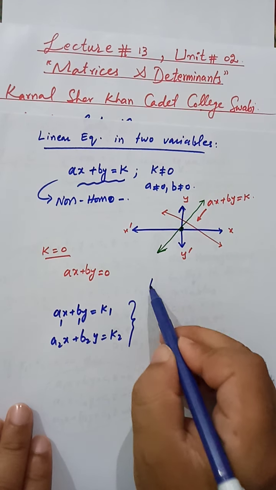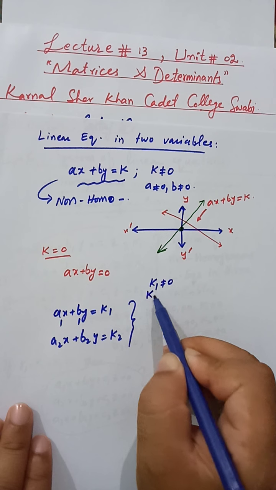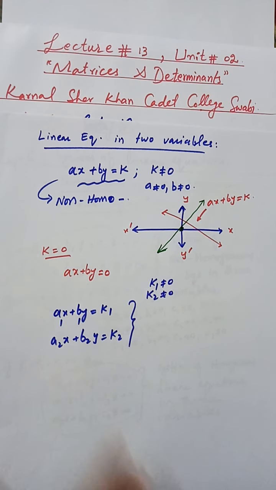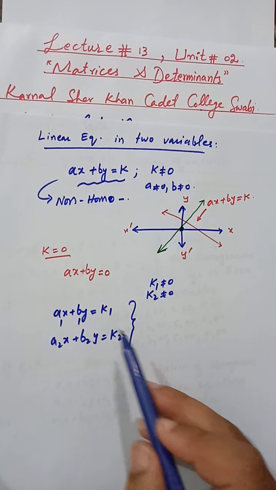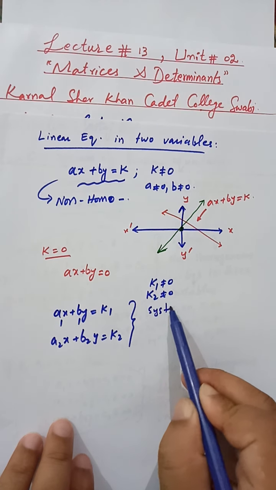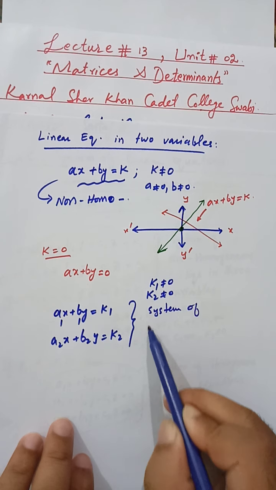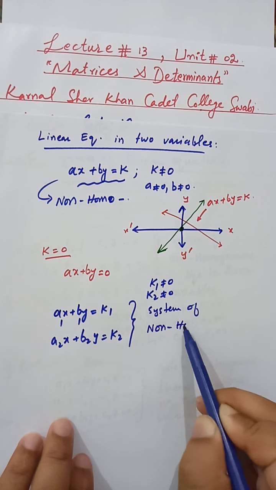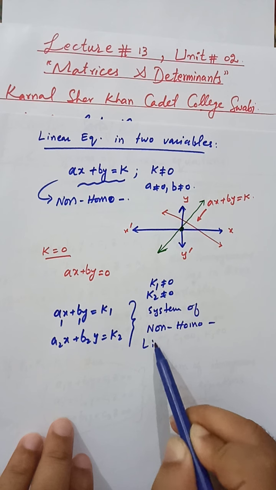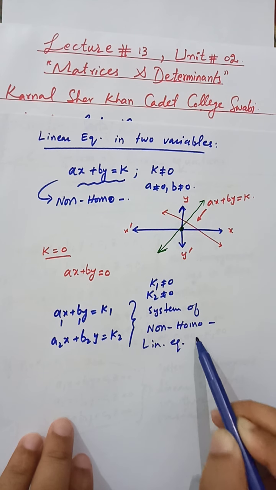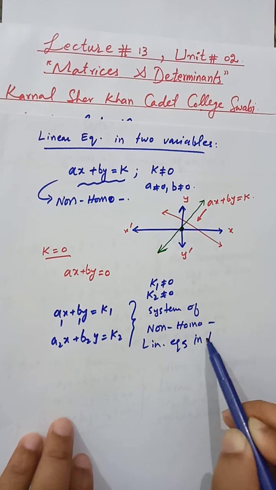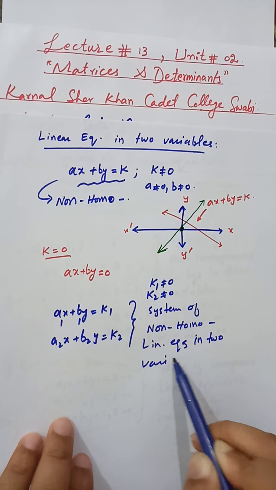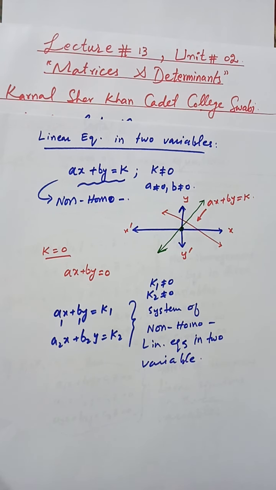So if k1 and k2 are not equal to 0, and also the coefficients of the variables in both equations are not equal to 0, this is called the system of non-homogeneous linear equations in two variables. When you write two or more than two equations combined, that becomes a system.